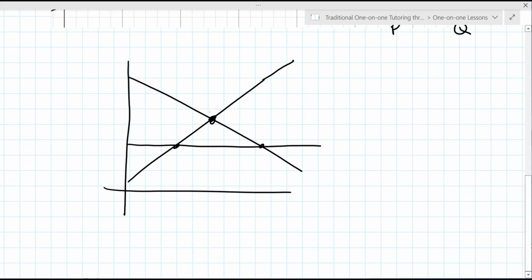Let's just say this is 800 and this is 1,000. It's probably off by an order of magnitude for New York City, but they're stuck. They cannot charge more than that. That's a binding price ceiling because it's below the equilibrium price.